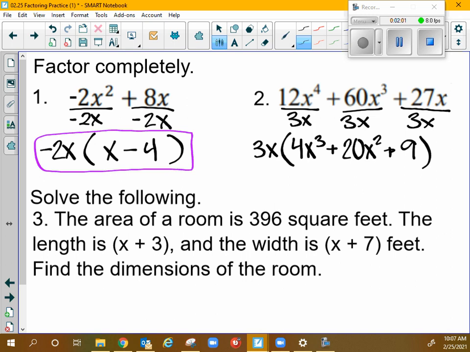Now, I had a lot of people trying to factor that further. Everything that we turned into 2 binomials was a square, a 1, and a constant. I can't factor this the way that it is. So this is my answer.